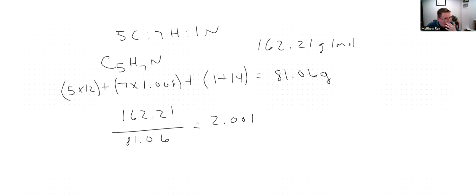So I can fit 2 of those empirical formulas into the molecular formula. So I'm going to take my empirical formula, multiply it by 2, and now I should have C10H14N2. Or for this version, answer D.